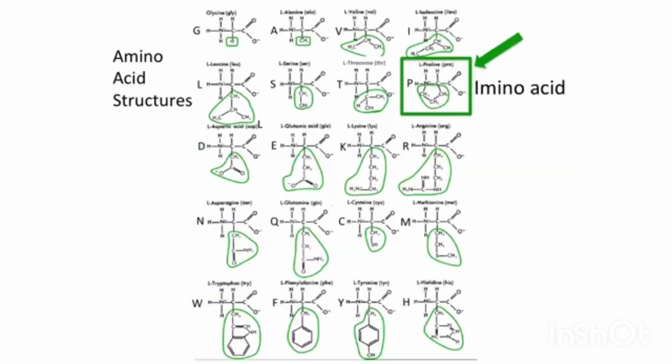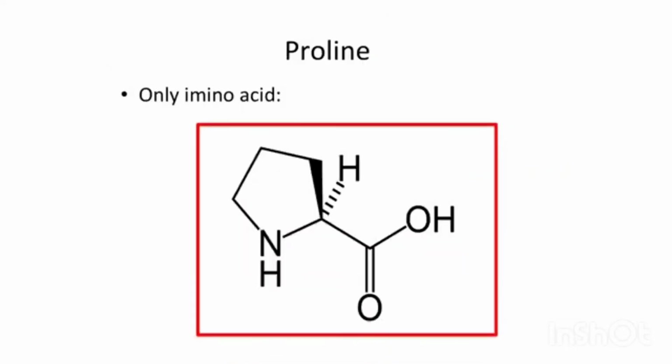Here are the structures of the 20 amino acids. You can see the side chains, which are outlined in green, are all different. There's one amino acid that's really different: it is an imino acid instead of an amino acid, and that's proline. This is the structure of proline, and you can see the carboxyl and the alpha carbon, which has the hydrogen and then this cyclic ring attached to it.